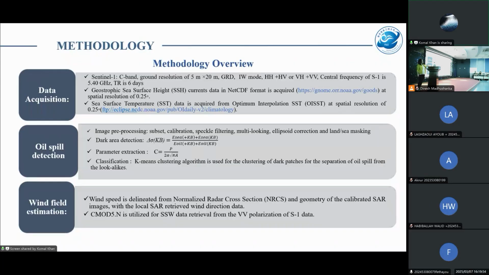Parameter extraction. There are many meteorological and geographical parameters which can cause noise in the image, like lookalikes.